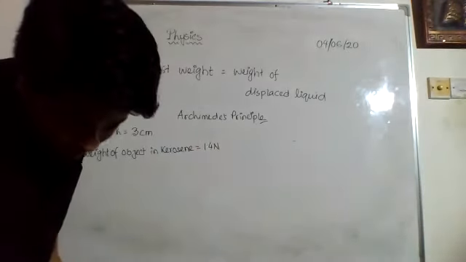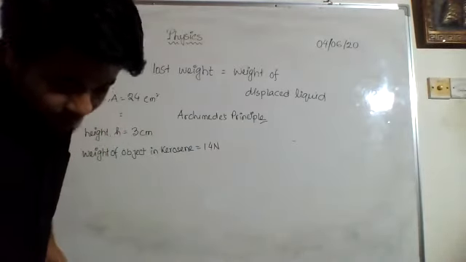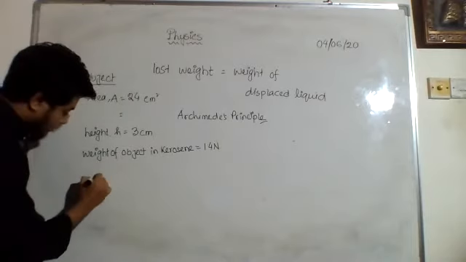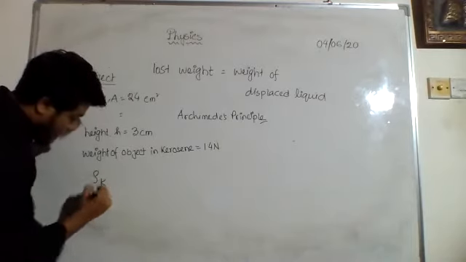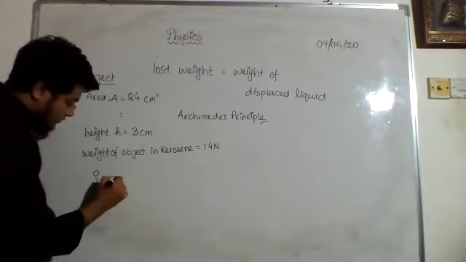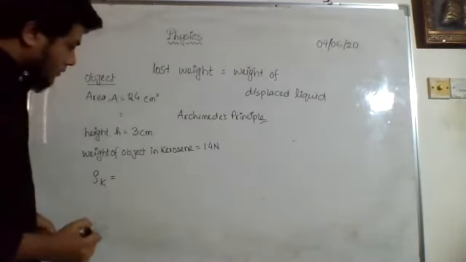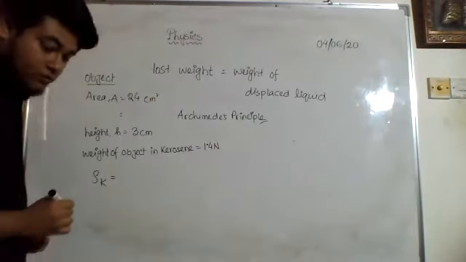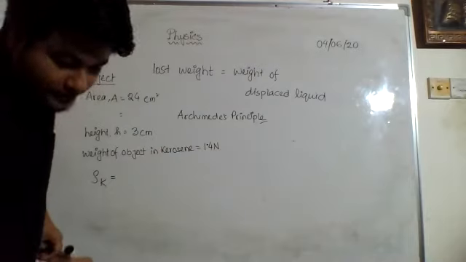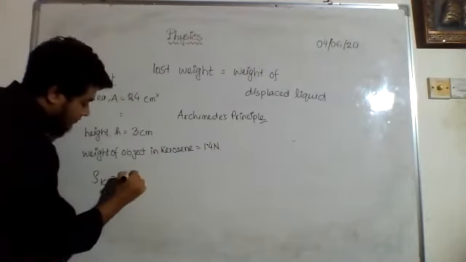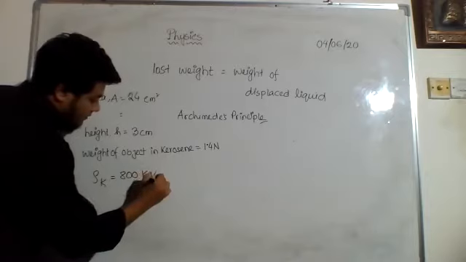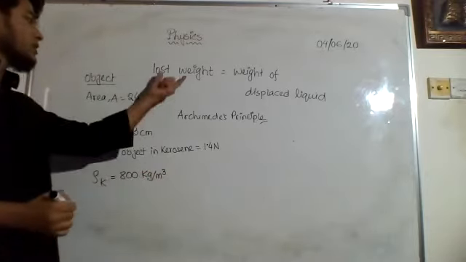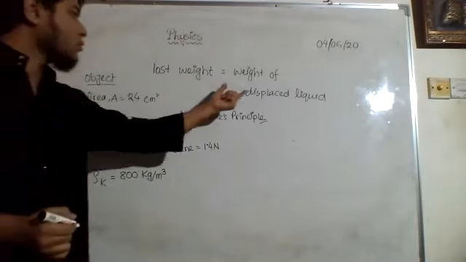Then the density of kerosene, let us define it with rho K, is given as 800 kilogram per meter cube. So from here we need to calculate the weight lost and the weight of the displaced liquid.